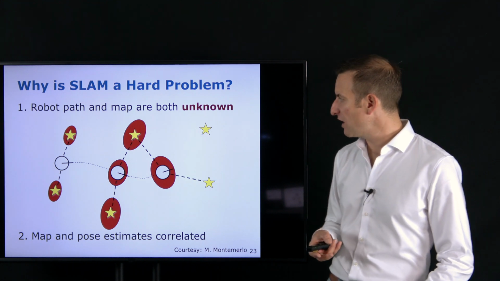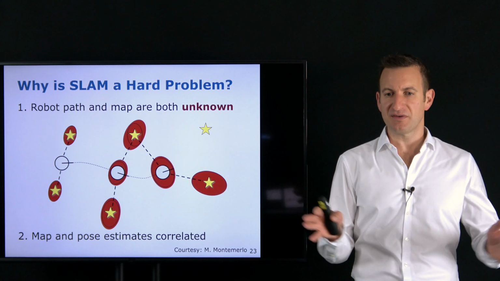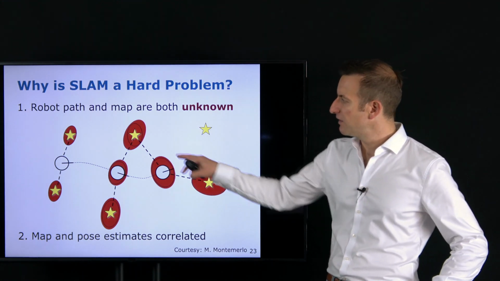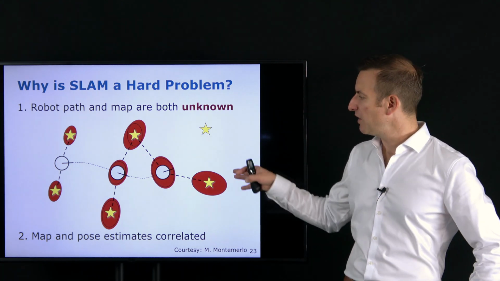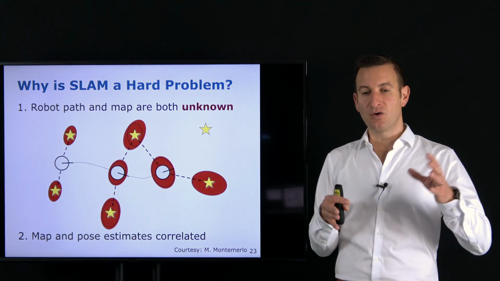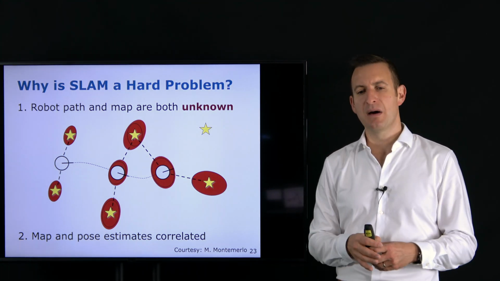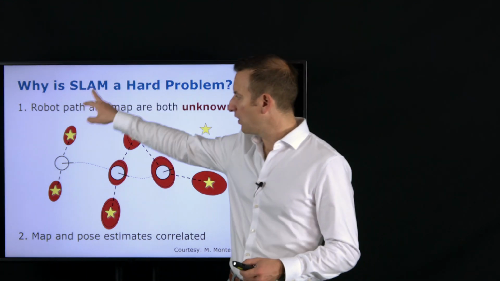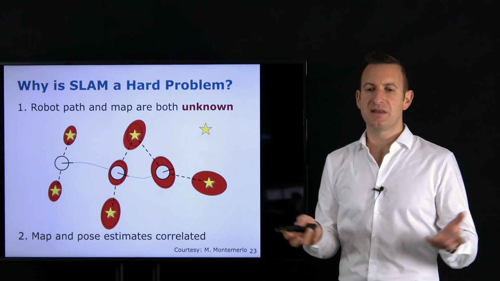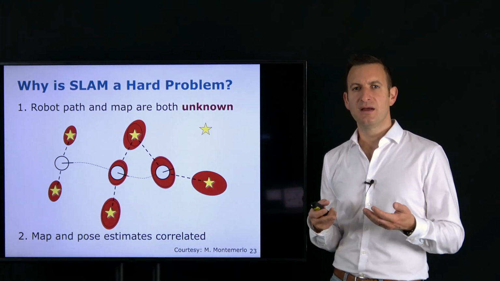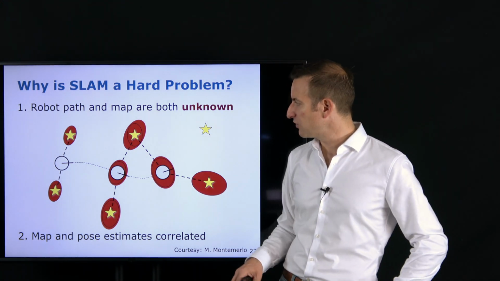So the robot continues, takes more observations, and at that point in time it reobserves a landmark, so it can constrain and reduce the uncertainty of those landmarks. While you're moving through the environment, you obtain information and you correlate the uncertainty about the landmark locations and the uncertainty about the robot's pose. Once you come back and reobserve landmarks, especially if you close a loop, as we called it, then you can dramatically reduce the uncertainty in your estimate about the landmarks as well as the position of the platform.